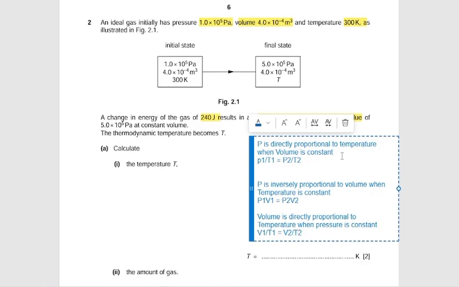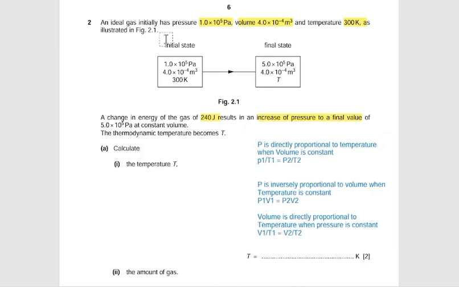One thing we need to understand is that every time we say two things are directly proportional to each other, they have to be written as fractions. Because if I say P1 over T1, it means that they're directly proportional. If I'm multiplying two things, that means they are inversely proportional.